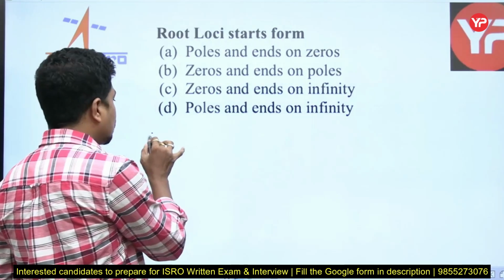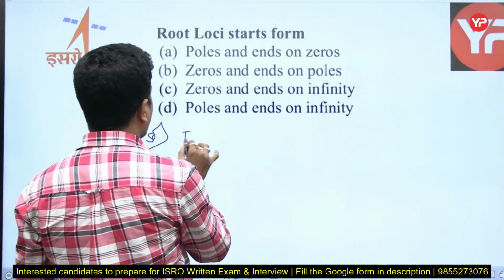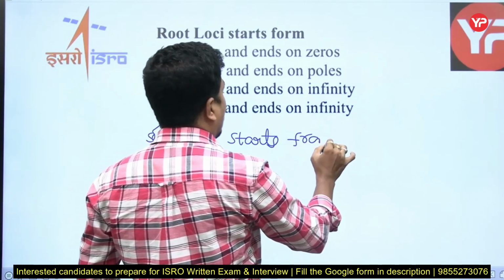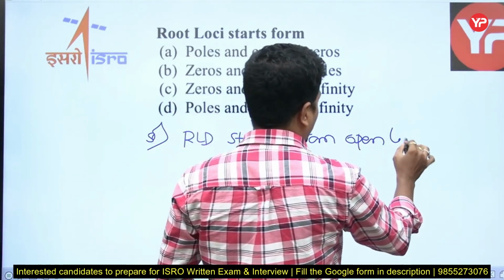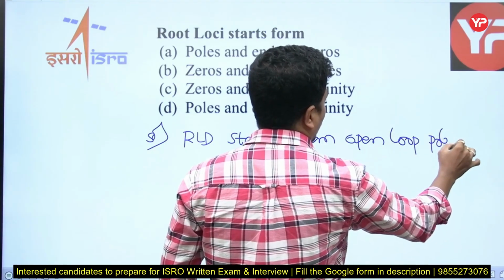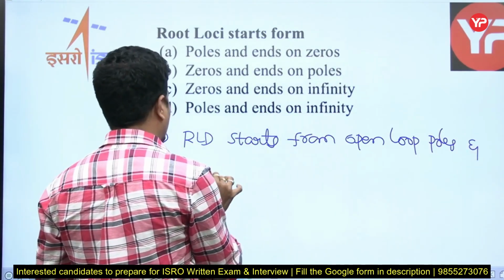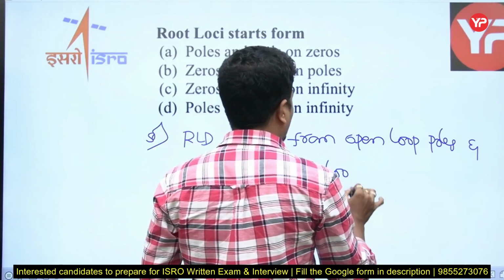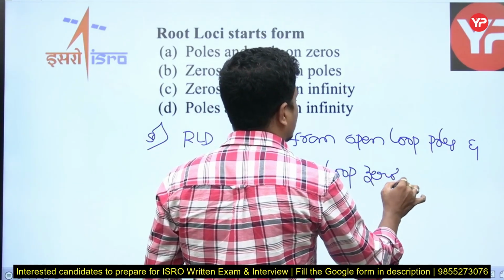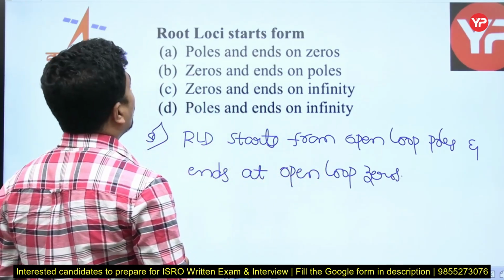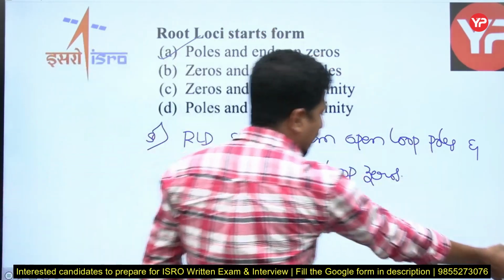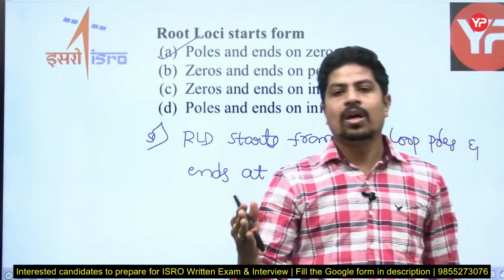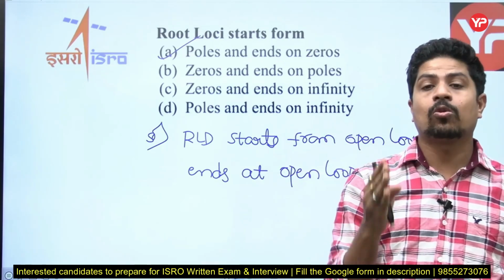The root locus diagram starts from open loop poles and ends at open loop zeros. Option is A, right?